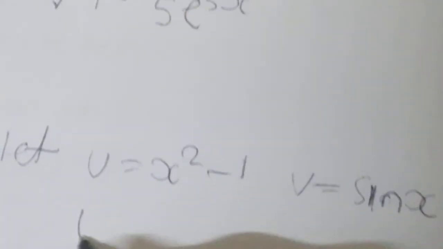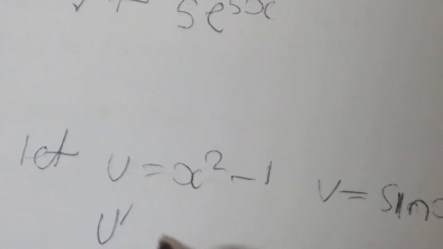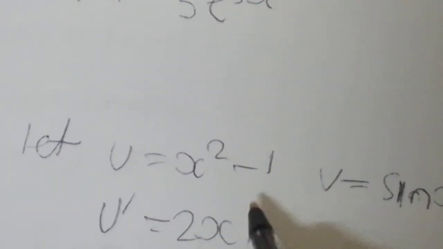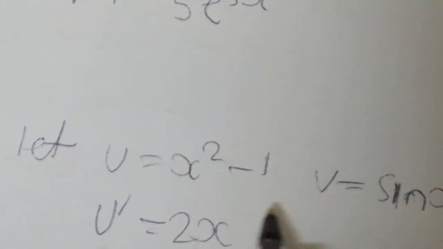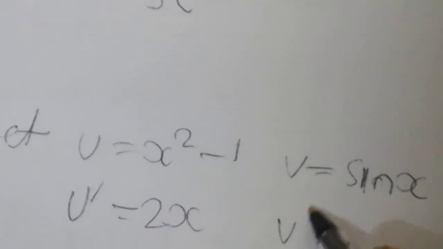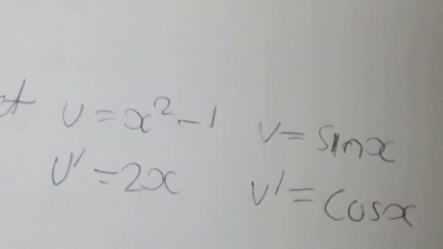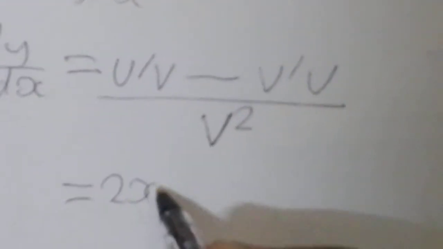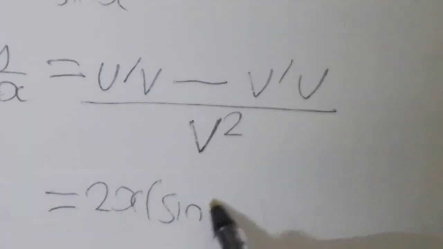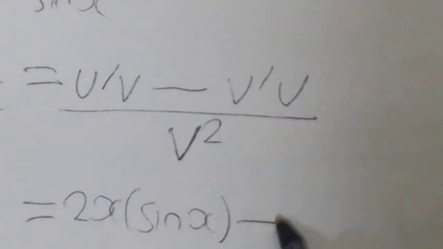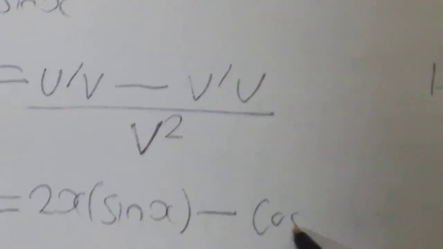Then u prime: the differentiation of x squared is 2x, the differentiation of negative 1 is just 0. Then v prime, the differentiation of sine x, is cos x. Then you just replace in your formula. So when you start replacing, what is u prime? u prime is 2x multiplied by sine x, minus v prime, which is cos x.